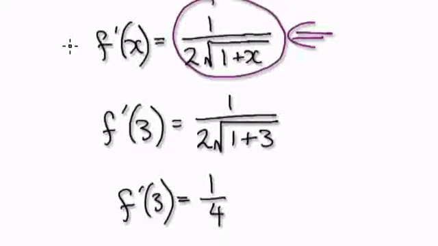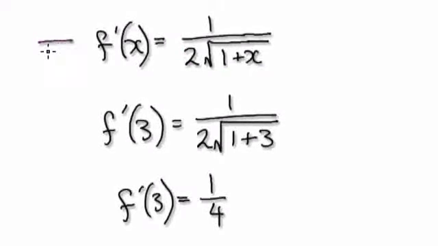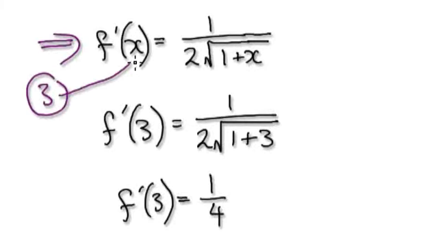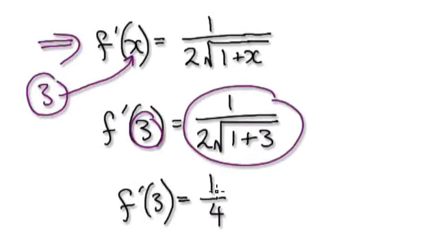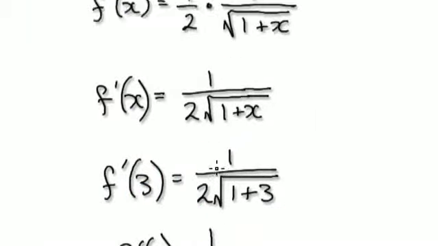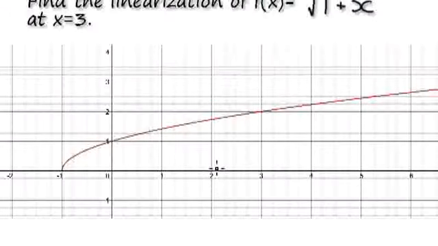So this is our derivative here. If you want to know the gradient at x equals 3, then you need to put 3 into this thing here. That's you putting 3 into there, and that will give you a gradient of 1/4. What that means, if you look at the graph, is that this is our tangent line here.